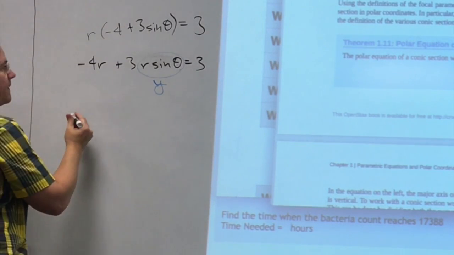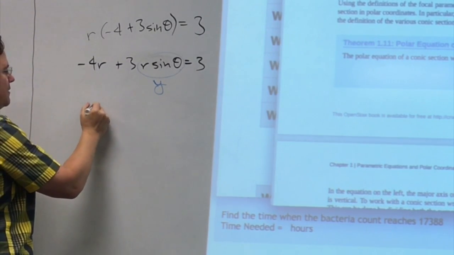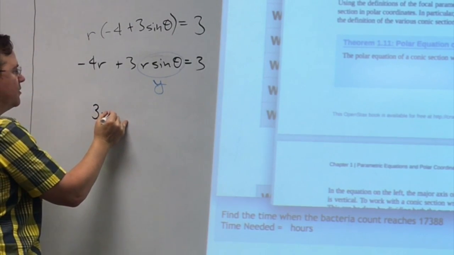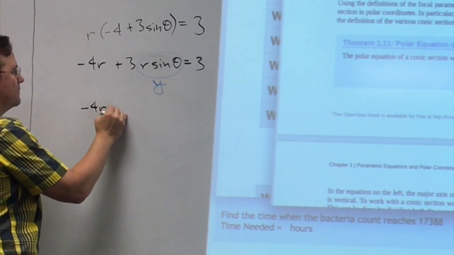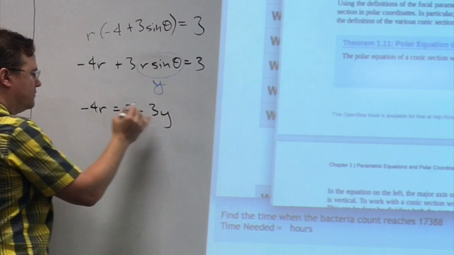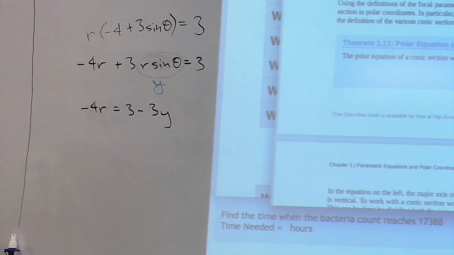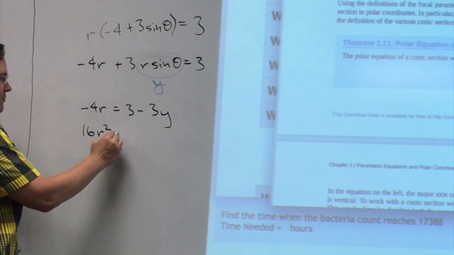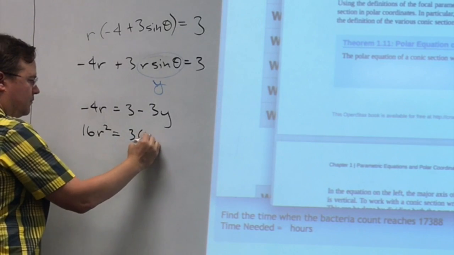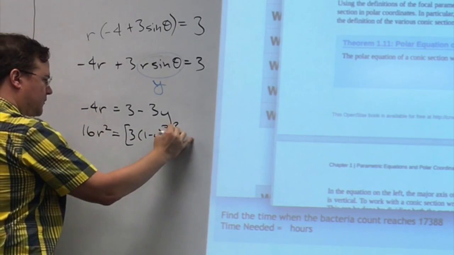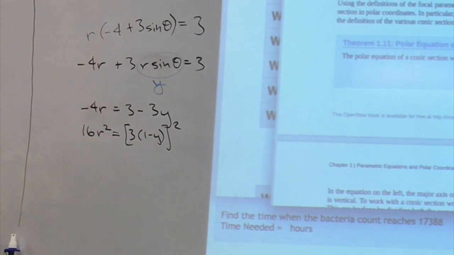So if I write it like this, 3y, how do I want to write this actually? I'm just squaring both sides. Why? Because I know that x squared plus y squared equals r squared.